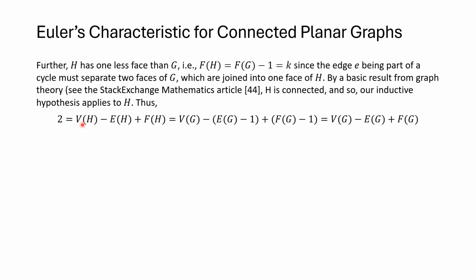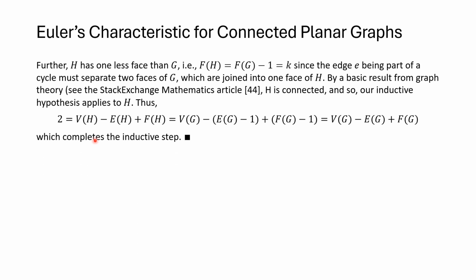The number of vertices of H is the same as in G. The number of edges of H was less than in G. And the number of faces in H was 1 less than in G. Taking these together, it's a plus 1 minus 1, and we just get the Euler equation for G. Then if we check the equalities, going all the way to the left, we see that Euler's characteristic holds for G, which is what we wanted to prove.